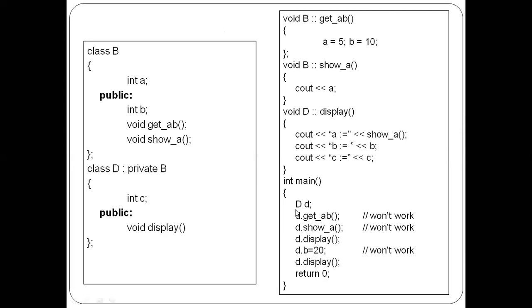We create the object of the derived class and try to access all the methods which are available inside the public scope of class B. But it won't work, because these methods are not available inside the public scope of class D. So that's why it will show that error.